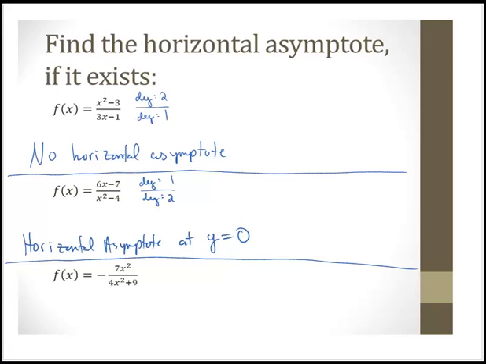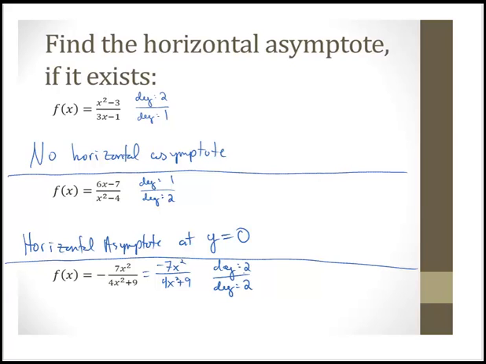Third example. We have the function f of x is the opposite of 7x squared over 4x squared plus 9. I can write that as negative 7x squared over 4x squared plus 9. I just took the negative and put it in the numerator. Notice that the degree of the numerator is 2, and the degree of the denominator is also 2.